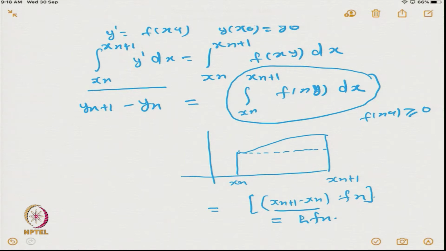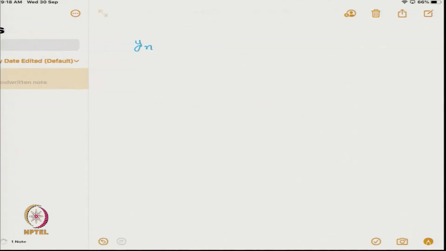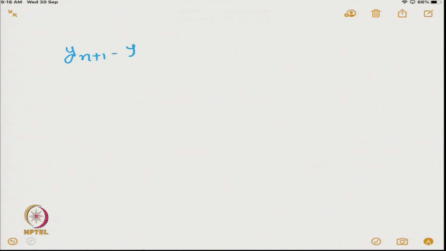So, it means it is the forward Euler method, and if I choose a sample point here at the right hand, in that case yn plus 1 minus yn will become h times fn plus 1. So, it corresponds to the backward Euler method.